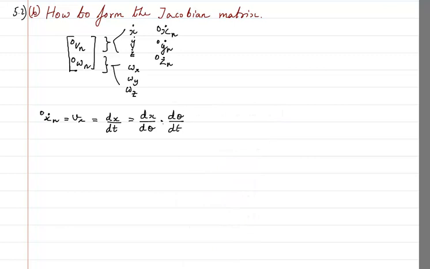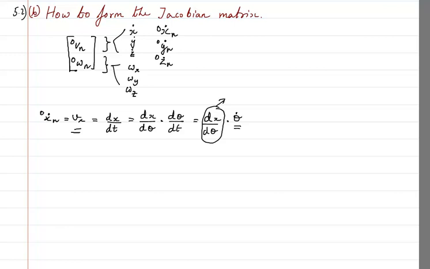So d theta cancels, and we get dx by dt. So I can write this as dx by d theta into theta dot. In a way, I am trying to connect the velocity in the x direction to the joint velocity, and this forms one of the elements of the Jacobian matrix.